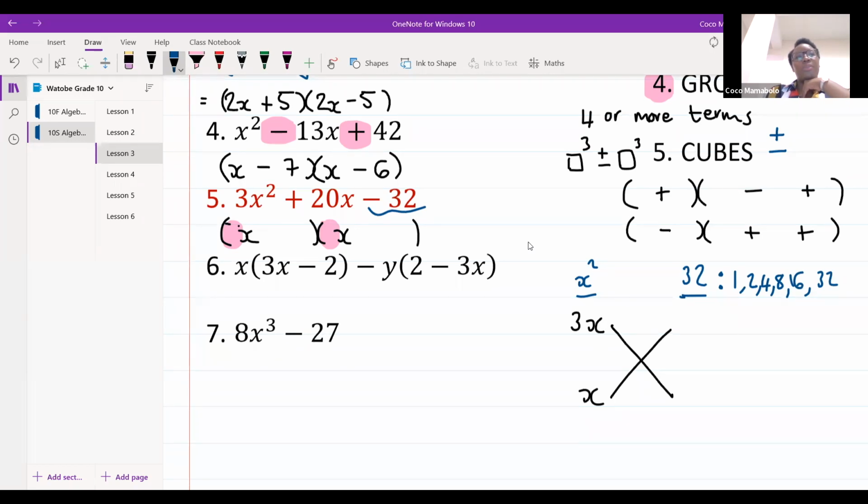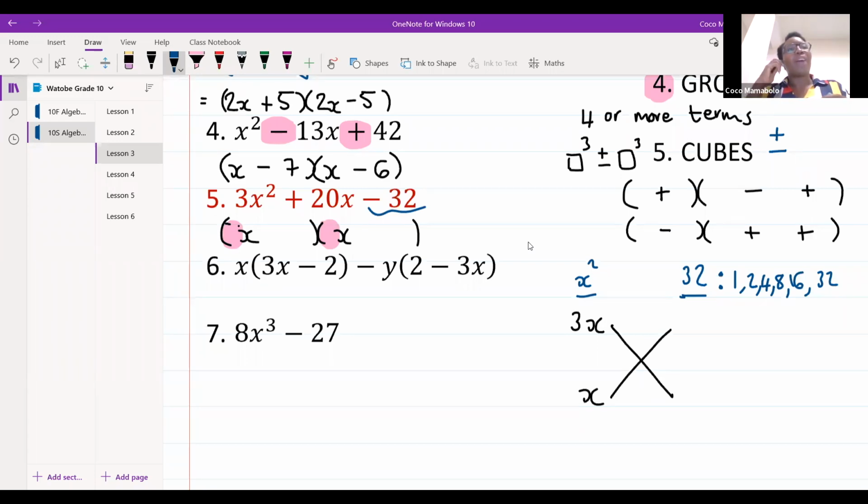Guys, I don't think 3 is a factor because 3 times nothing gives me 32. So 3 is not one of the factors that we can use here. That's it. 1, 2, 4, 8, 16, and 32. Sorry, Abongile. Good.